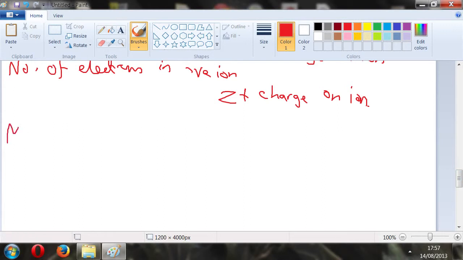So let's look at this. Magnesium, right? That's element 12. So the atomic number is 12. It's in group 2 of the periodic table.